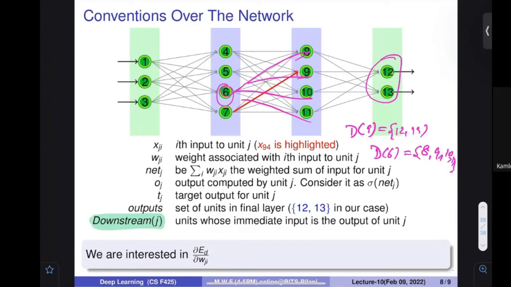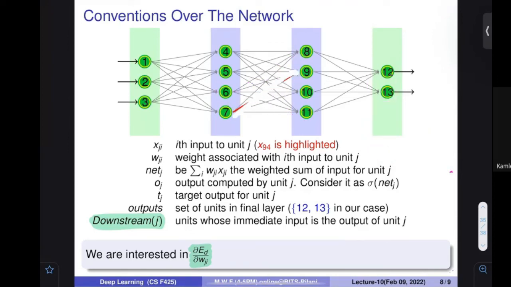Yes, sir. So we are interested in finding out the derivative of E with respect to WJI. Let me simplify your problem.